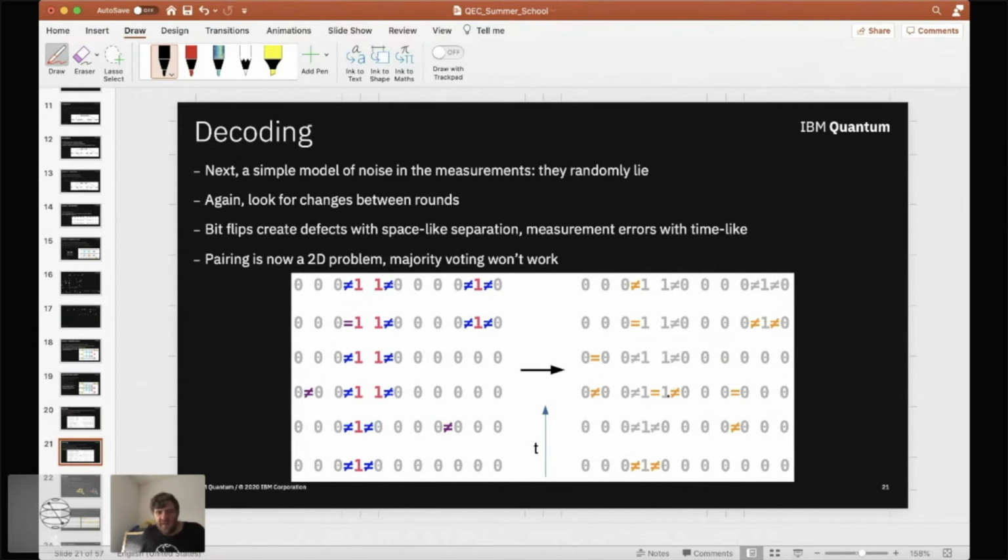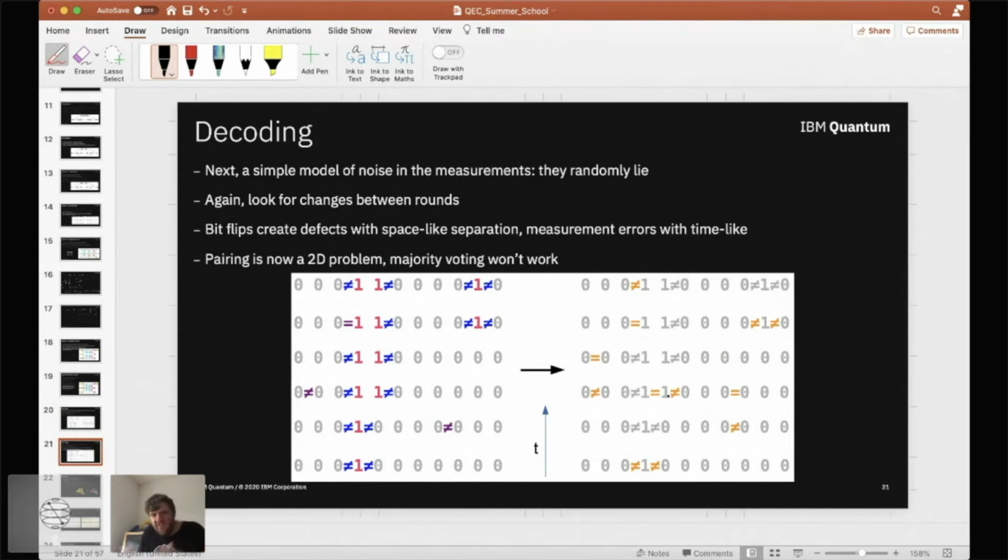So now, still we're going around identifying pairs of these values where they are not what they should have been, but we have to identify the pairing. But the pairing is now effectively a two-dimensional problem. It doesn't correspond to majority voting anymore. It's a more abstract problem of trying to work out where the errors have happened.